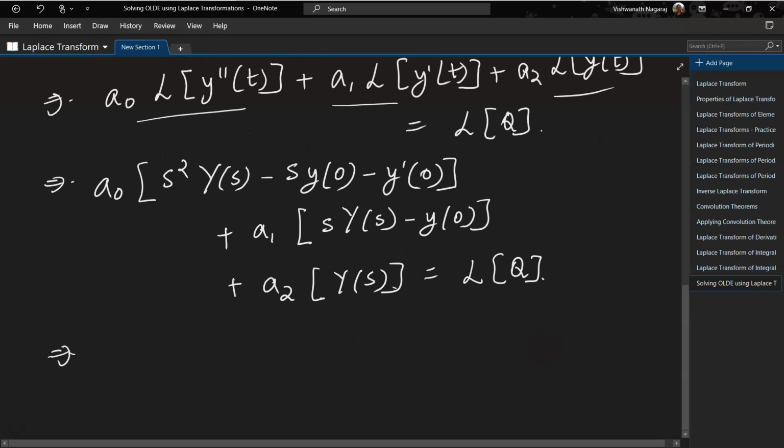Now let's take together common terms. Capital Y of s is common.